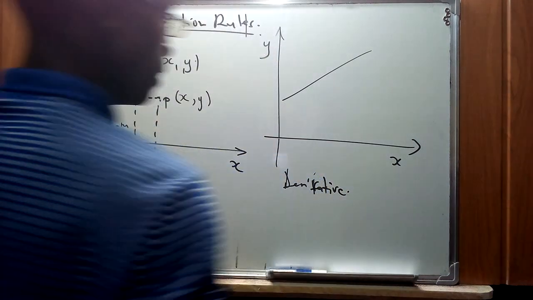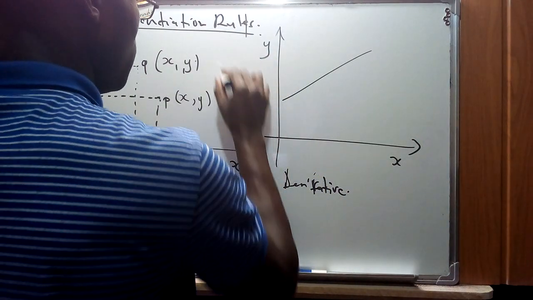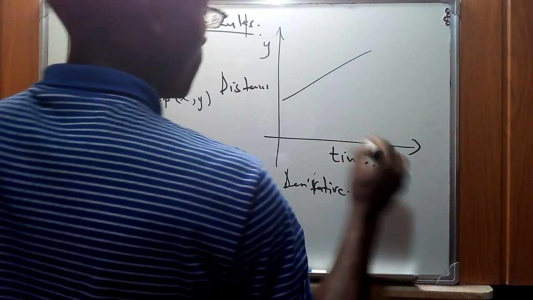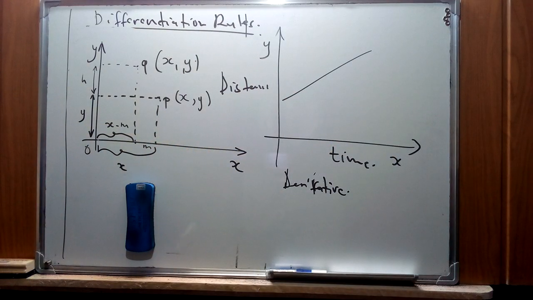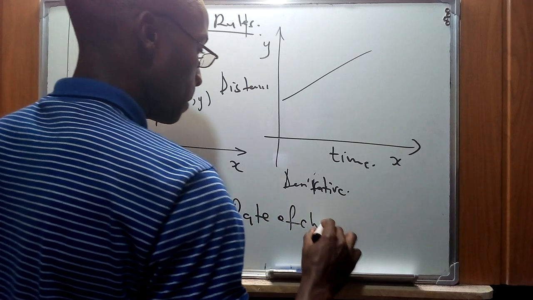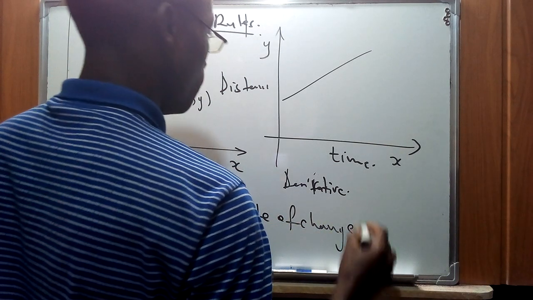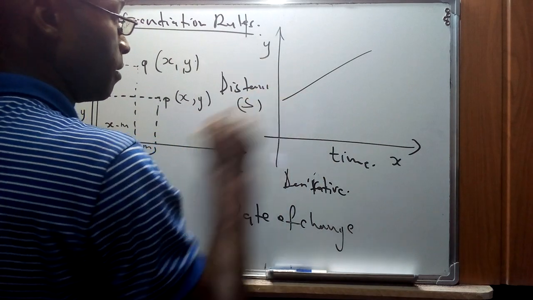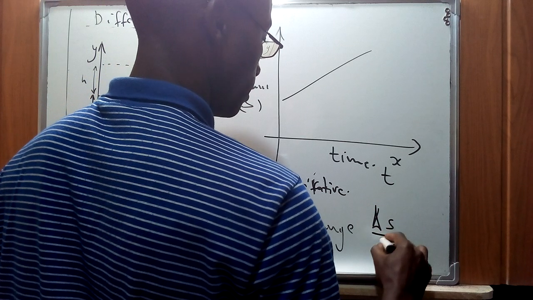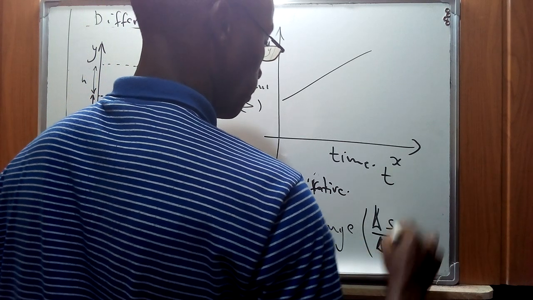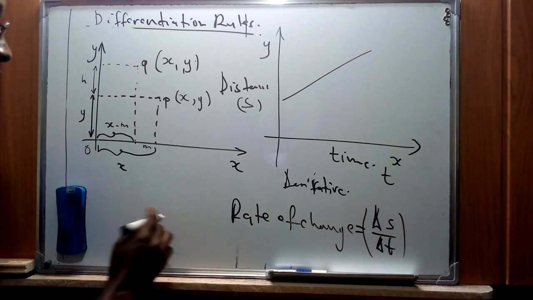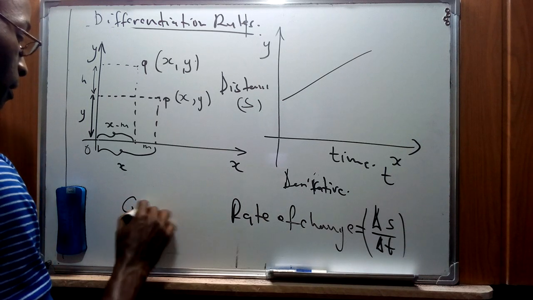If this is a distance against time, then we can find what we call a derivative, or the rate of change of distance. Distance is given as s and time as t. We can find the rate of change of s over the change of time, given as such. So therefore, this basically is referred to as the gradient.